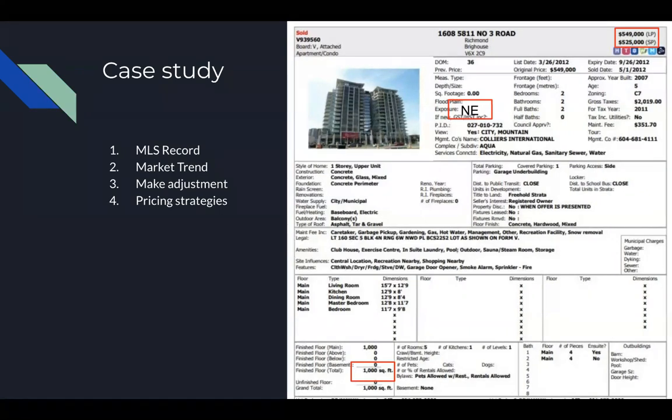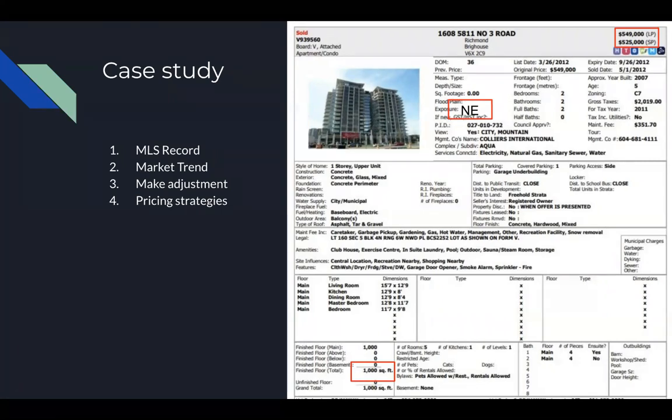Exposure is very important to all condos. Different exposure will have different price. So when you upload your listing, make sure in your data input you put your direction. Otherwise, people don't know the direction, because for condos, most people are looking for east or south, right? That's for a lot of Asian people. They don't like west facing, because west facing is so hot in the summertime.